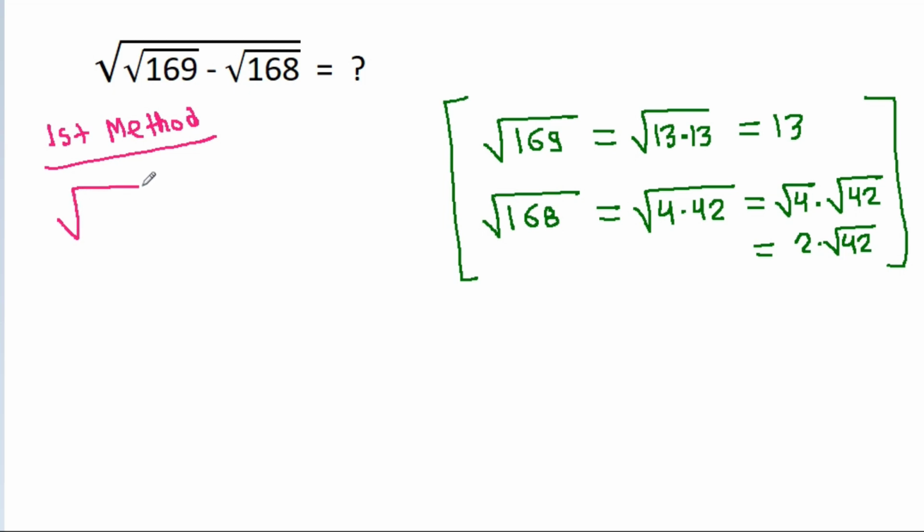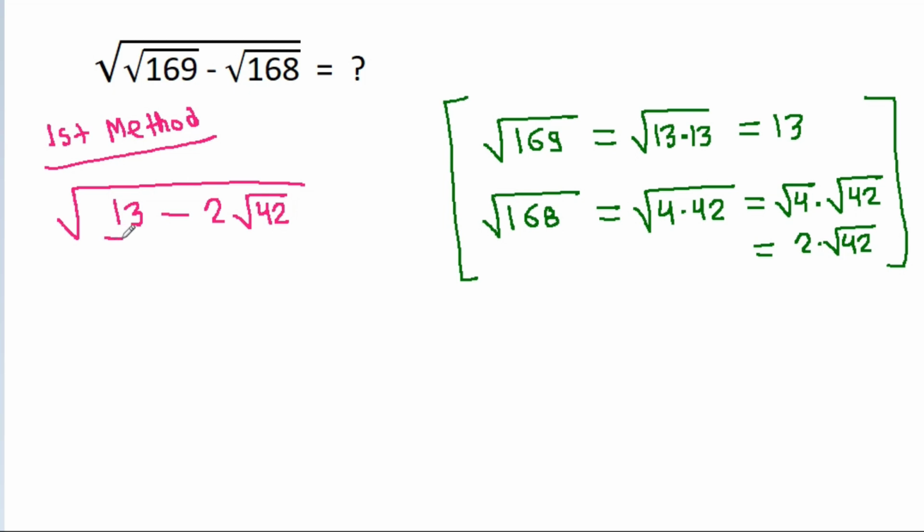It is the square root of (√169 − √168), and √169 is 13, minus √168, which is 2 times the square root of 42.